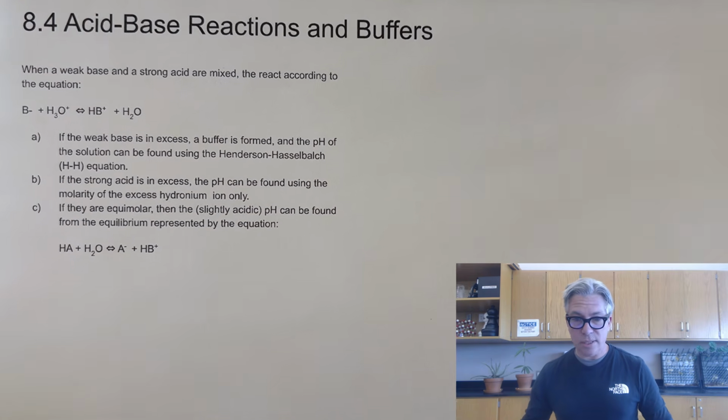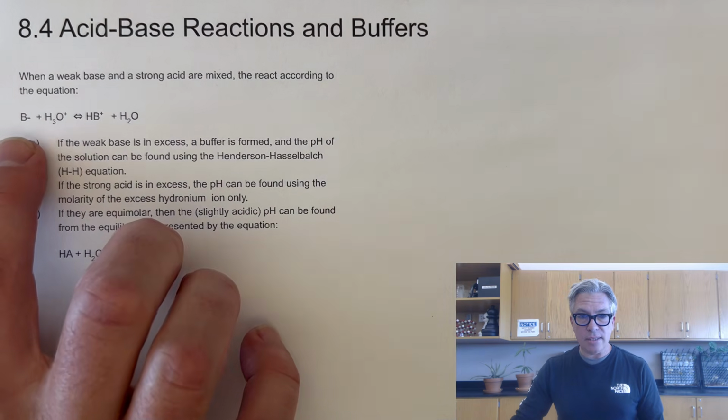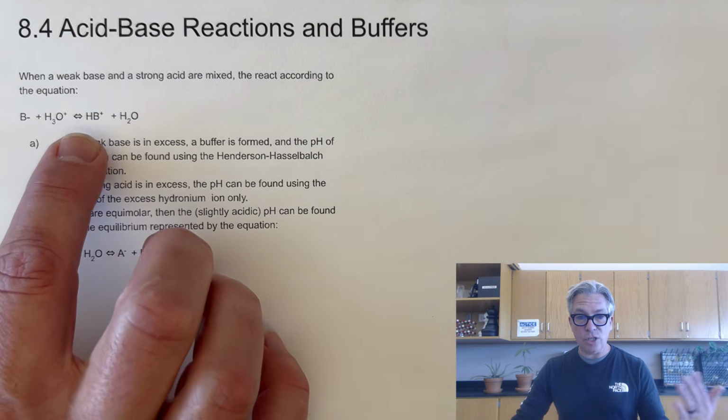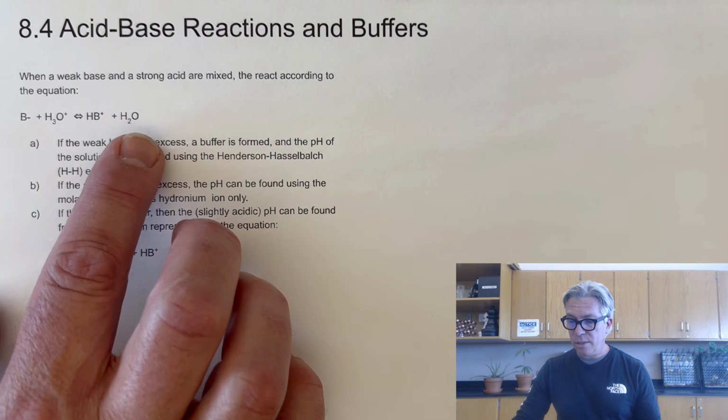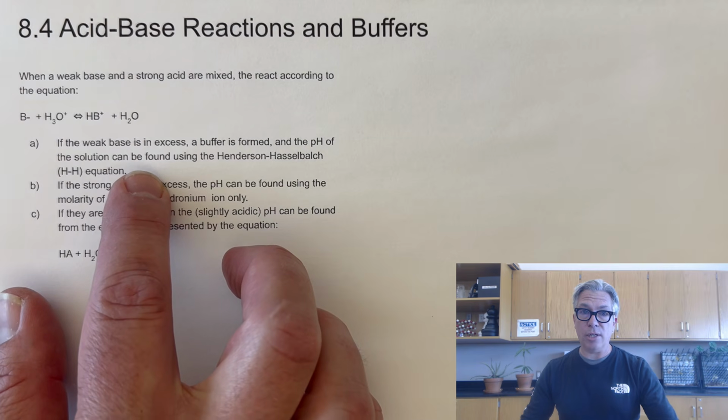All right, and the opposite happens when a weak base and a strong acid are mixed. You'll see some similarities here. The weak base and some hydroniums are going to react to make the conjugate acid of the base and some waters. And again, if the weak base is in excess, a buffer is formed. We haven't neutralized it all yet.